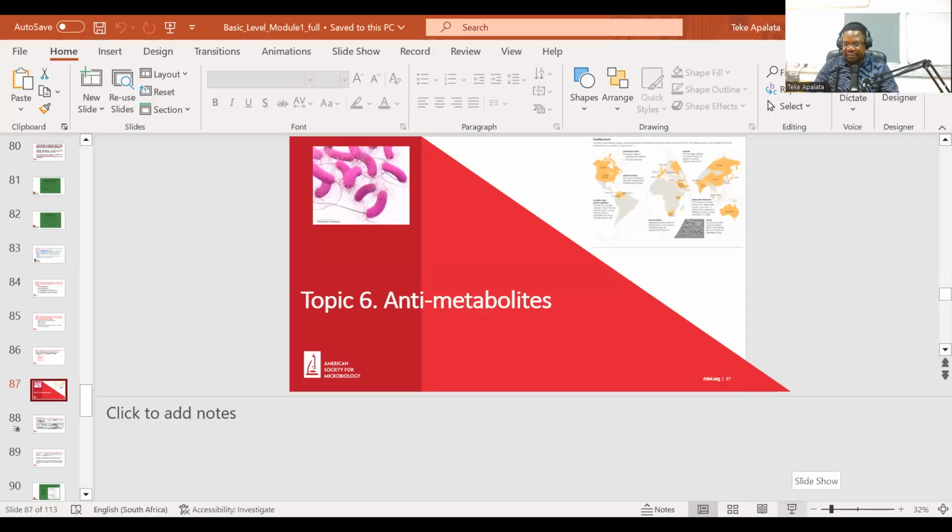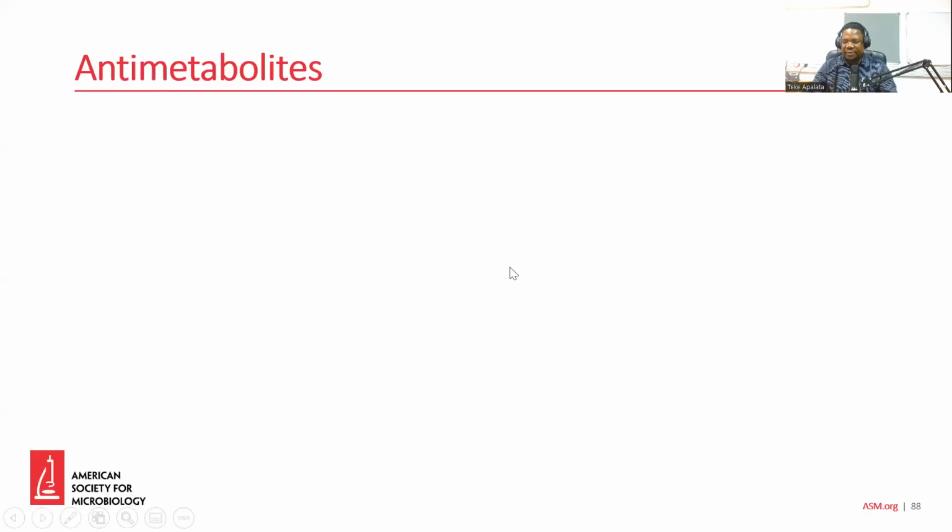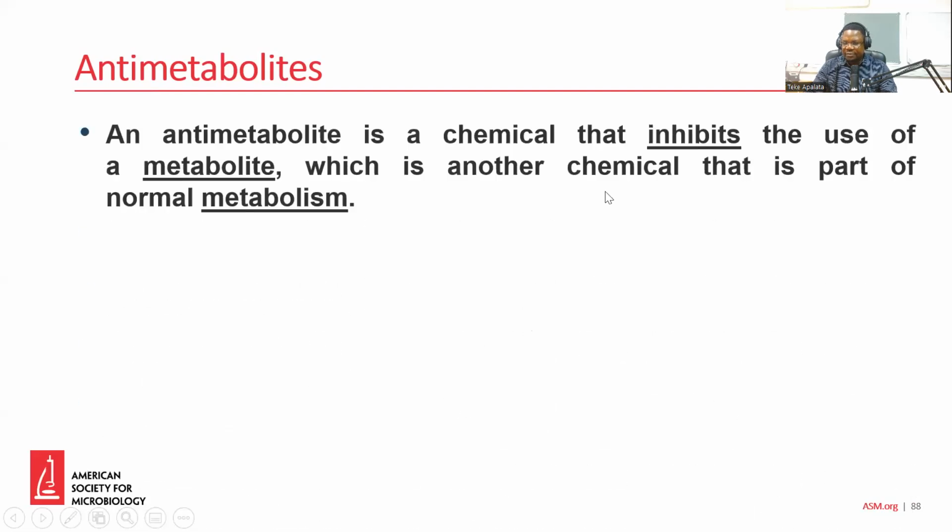We will discuss anti-metabolites, and so what are those? An anti-metabolite is actually a chemical that inhibits the use of a metabolite, which is another chemical that is part of bacterial normal metabolism.